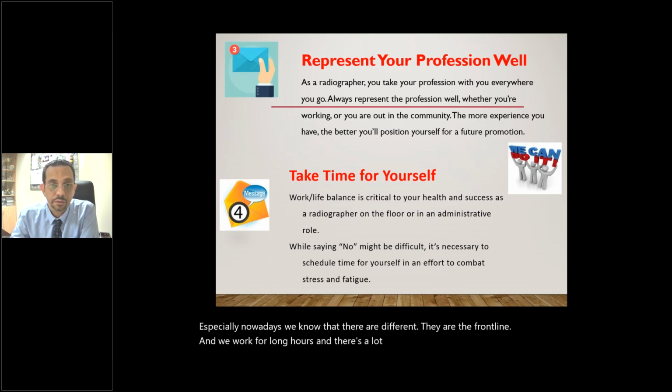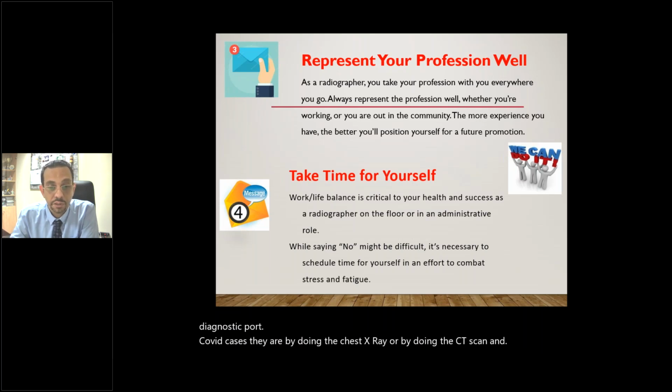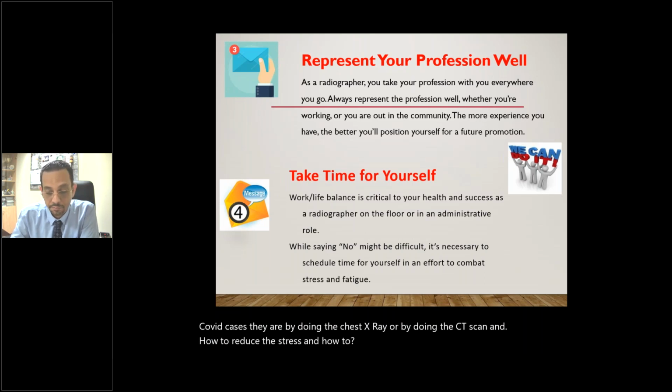They took a big role in the diagnosis of COVID cases by doing the chest X-ray or the CT scan, and the radiographer should learn how to reduce the stress and how to prevent themselves from fatigue.